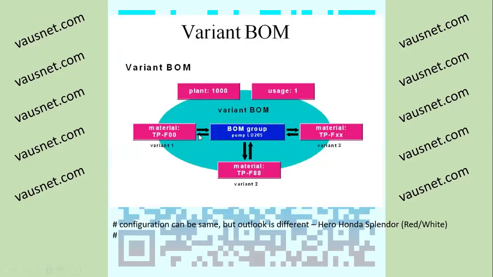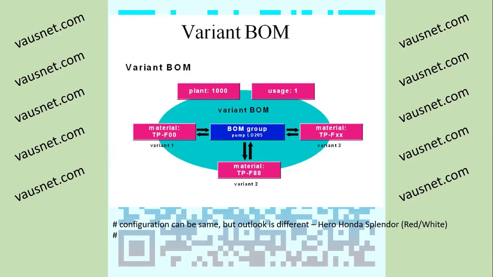A variant BOM will have different materials being used, as these can be used as alternates. Like configuration can be same, the power can be same, but outlook is different, the color is different. Like Hero Honda Splendor will be either red or white, or you can have a material which is grade 40, this is grade 60, this is grade 70, for different countries, for different traffic rules.